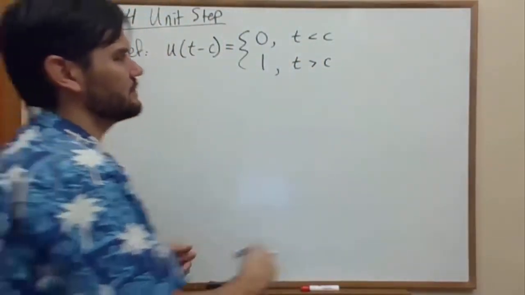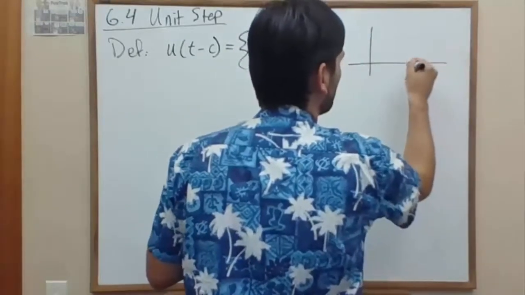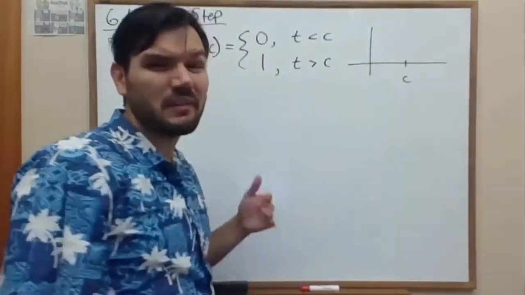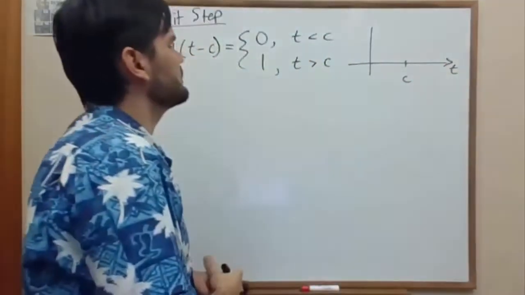First, let's graph it. C is a parameter, so it's a value of time.